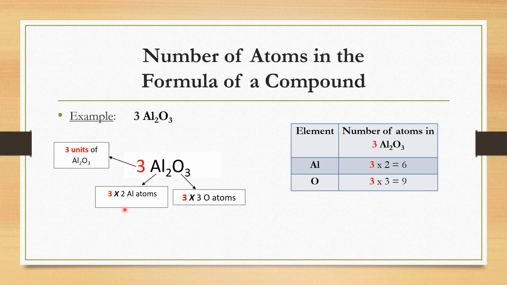Similarly, the total number of oxygen atoms would be 3 times 3, which is 9. Thus, in 3 units of Al2O3, there are 6 aluminium atoms and 9 oxygen atoms.